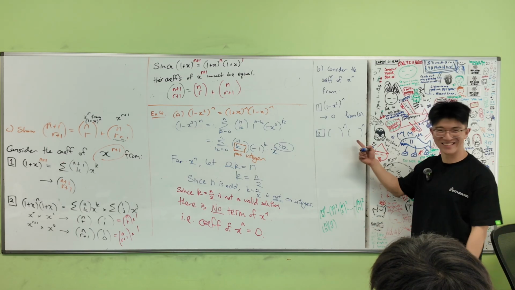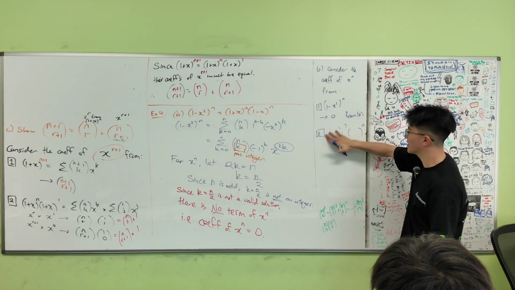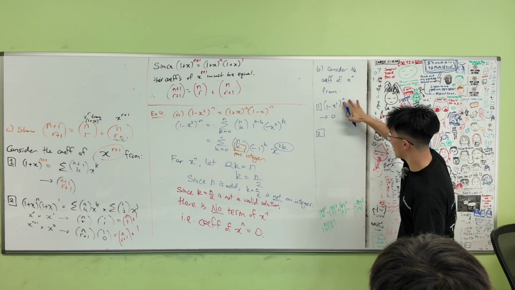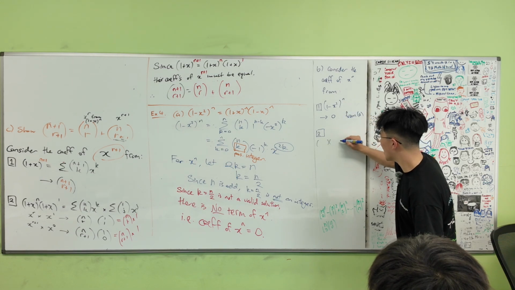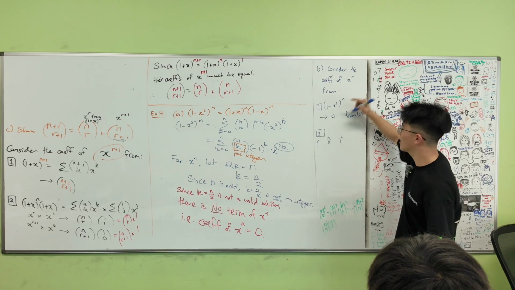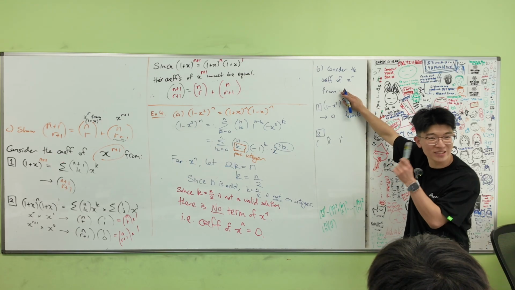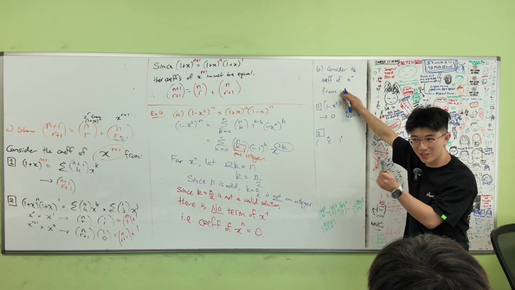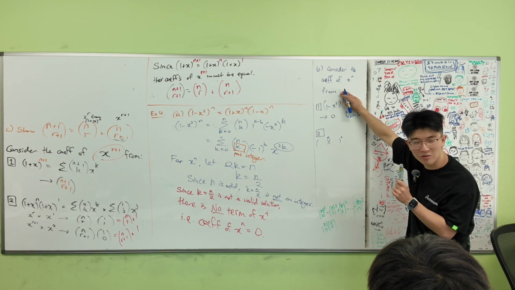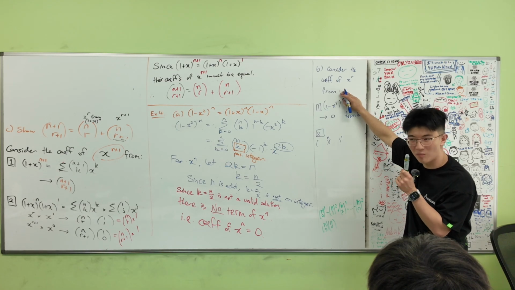But this is a bit weird. So let's figure out how to split it. Because I only have power n. Is there anything we can do to this to split it? Like other than just that? Yes? Good. Do you guys see 1 minus x squared is actually two basic ones combined together? 1 minus x squared is 1 minus x times 1 plus x.